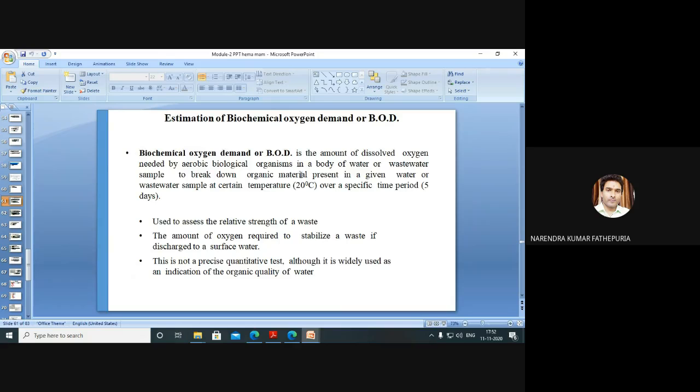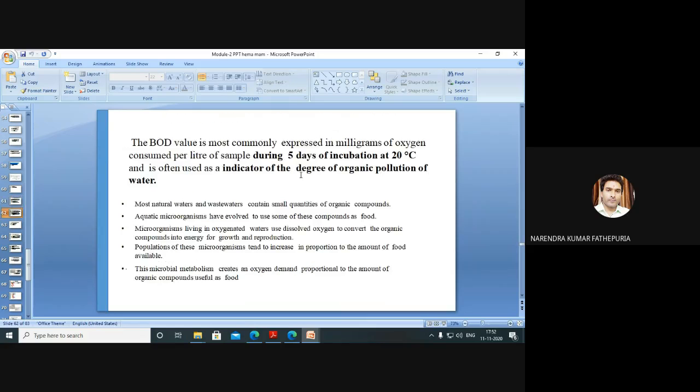So only organic matter present, how much oxygen will be consumed by the bacteria. Through this BOD you can identify the strength of the sewage based on the BOD content. Unit will be mg per liter or ppm.